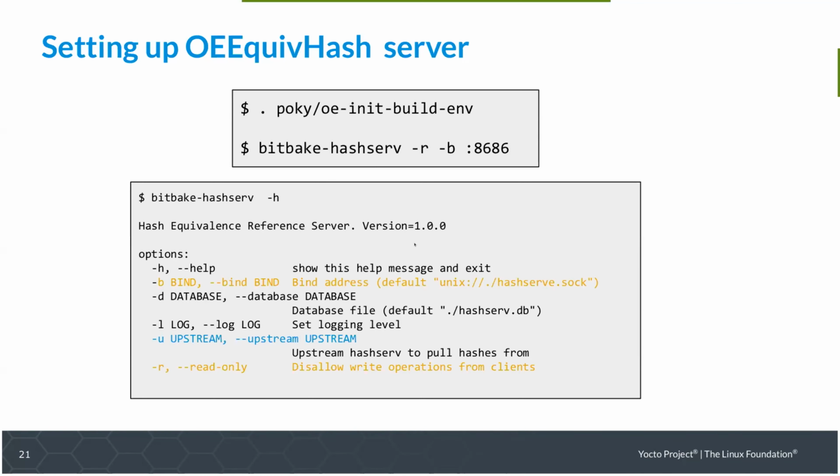And here I want to share it not by the default, which is a Unix socket, but through a TCP socket. So I put here the port I want to use. And I also want my hash server to be read-only, okay? If you look in the documentation, you can also configure another upstream hash server to look to. For now, we're just doing that, okay?